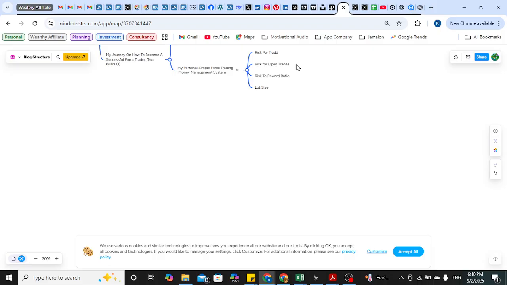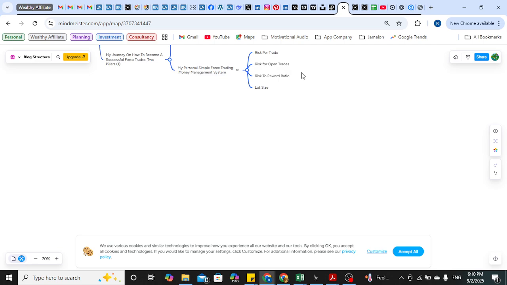So, based on my plan, for example, let's say my risk per trade is 1%, meaning if my capital is 1,000, my risk is $10. Okay. So, in terms of open trades, how many trades my system allows me to open at the same time, simultaneously, meaning there are one, two, or three open trades at the same time.